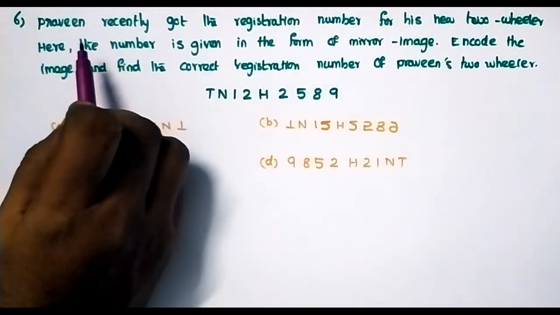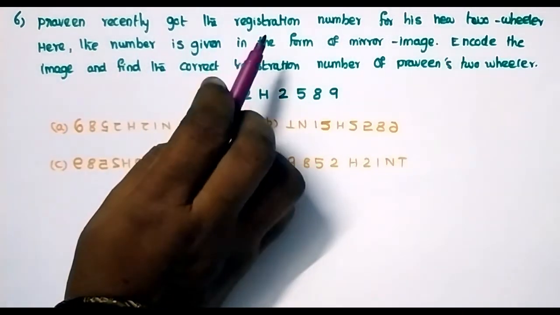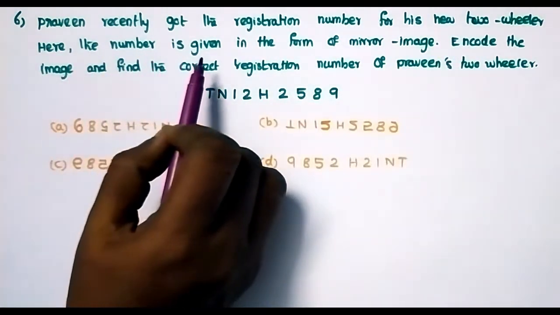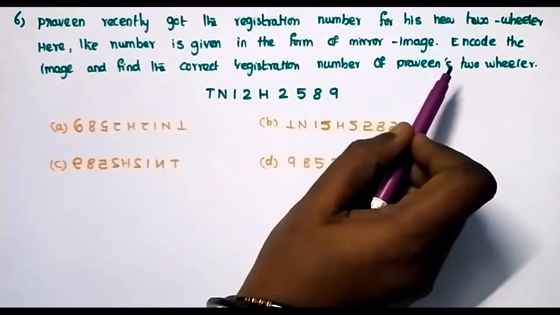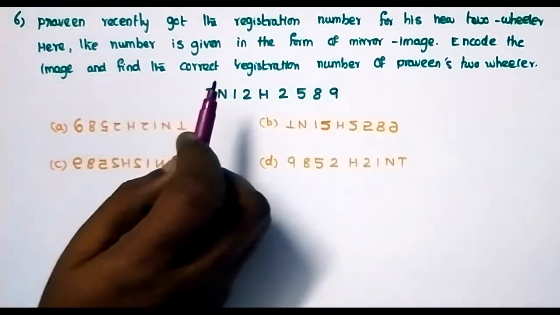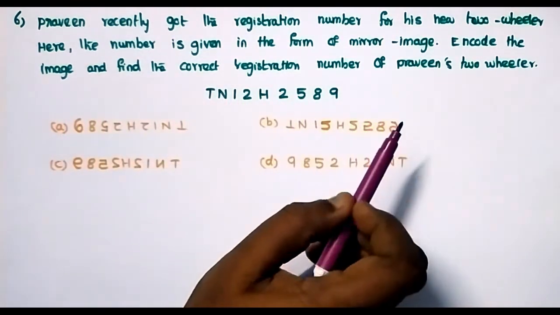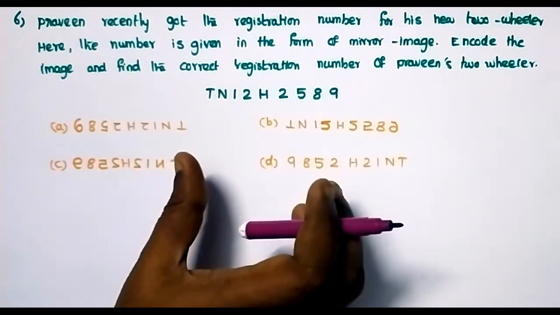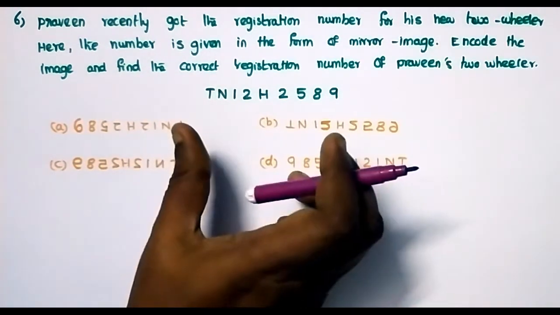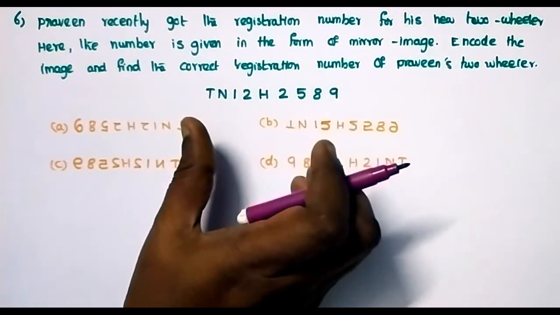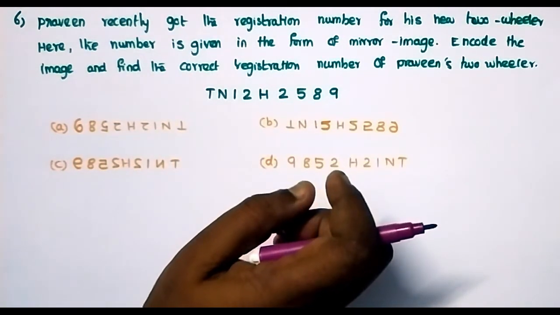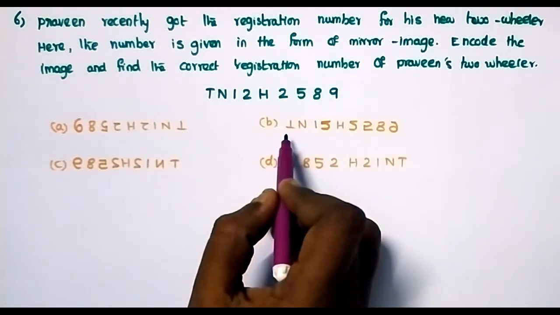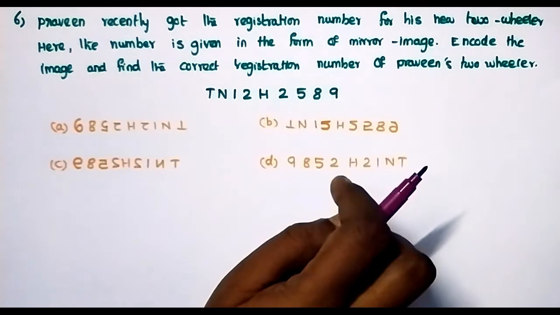Sixth one, Praveen recently got the registration number for his new two-wheeler. Here the number is given in the form of mirror image. Encode the image and find the correct registration number of Praveen's two-wheeler. Listen. In case a mirror in front of the number means what we get, this one is not, and then this is also not like that.